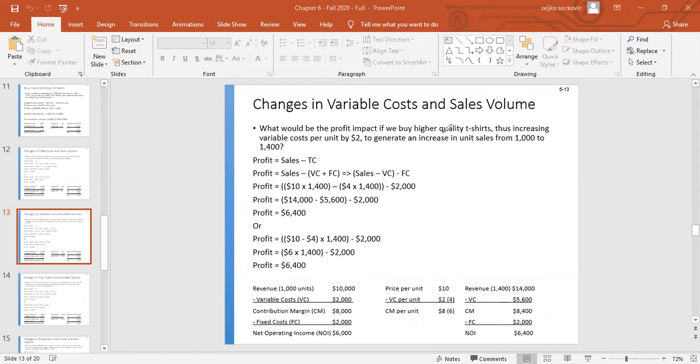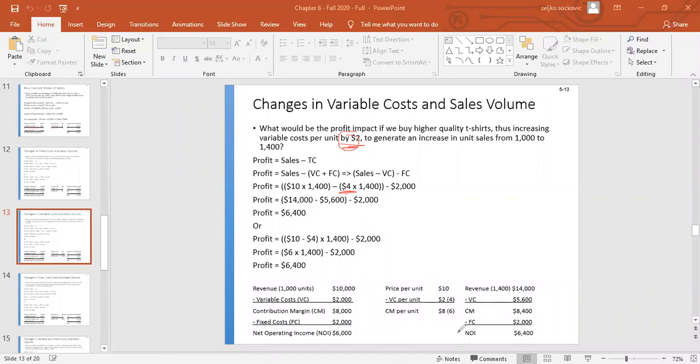What would be the profit if we buy higher quality t-shirts, thus increasing variable cost per unit by $2? So how much is our new variable cost? Well, it's $4, right? $2 before plus $2 extra for higher quality of shirts. So that's $4. So what will happen with our contribution margin?